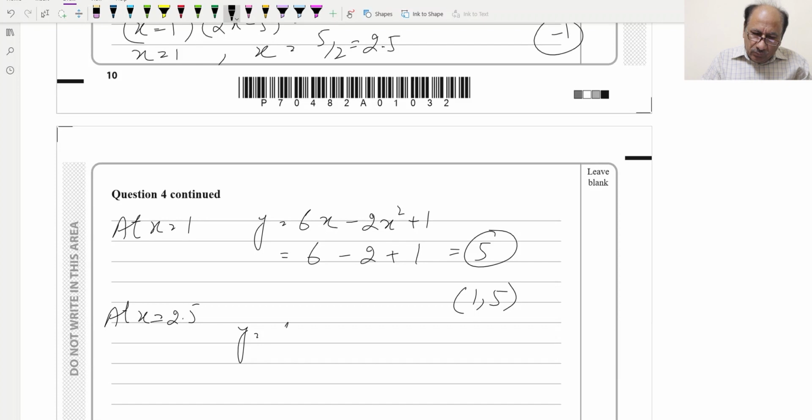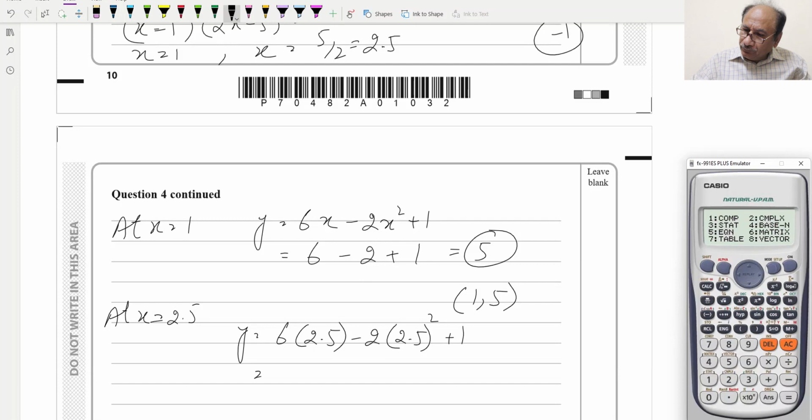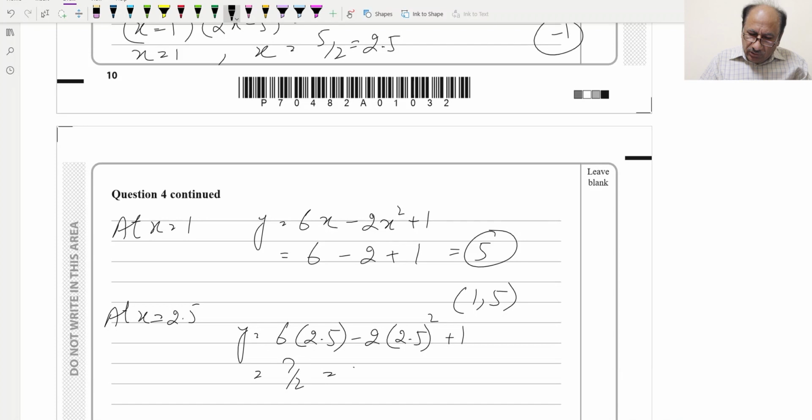So y will be equal to 6 into 2.5 minus 2 into 2.5 squared plus 1, and this is equal to 7 by 2, or we can write 3.5. So this is basically the second y value.